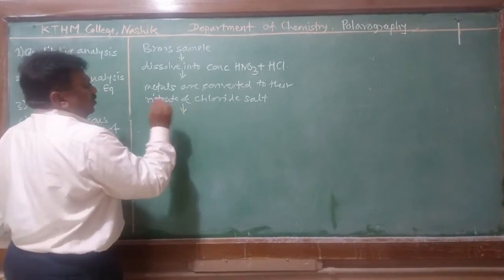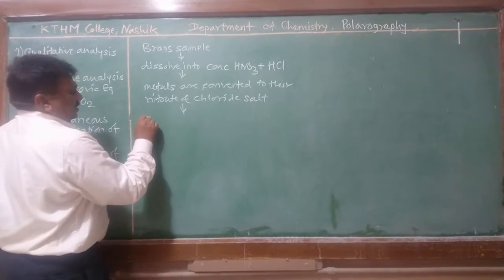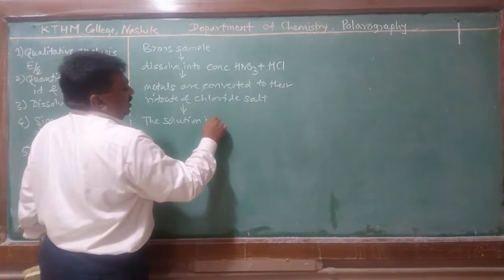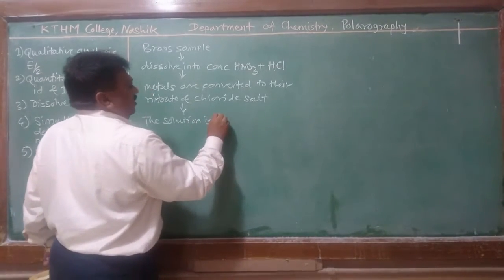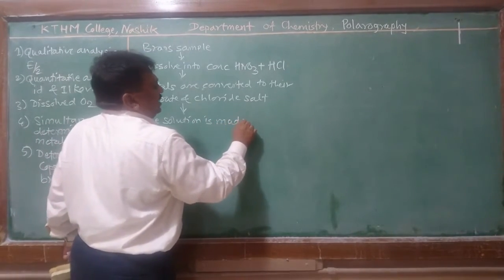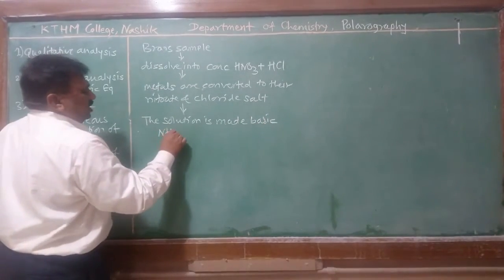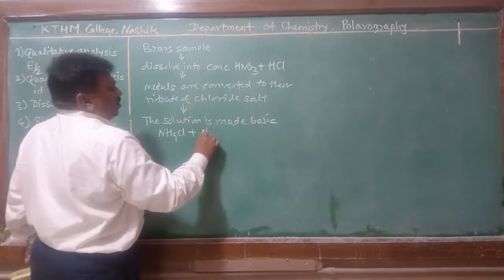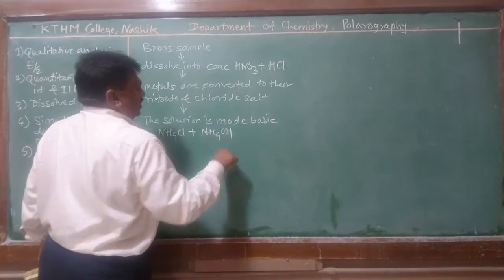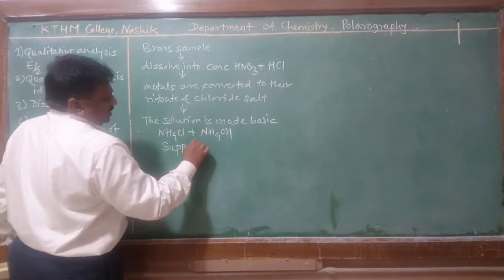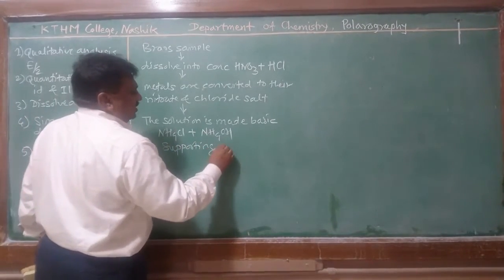Then this solution is made basic by adding a buffer solution, ammonium chloride and ammonium hydroxide, an ammonia buffer. This also acts as a supporting electrolyte in polarographic analysis.